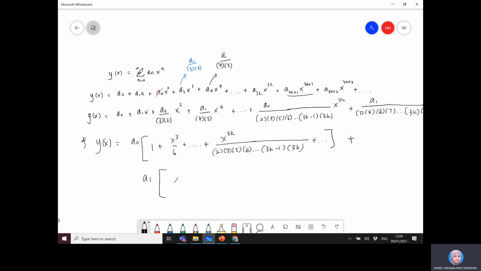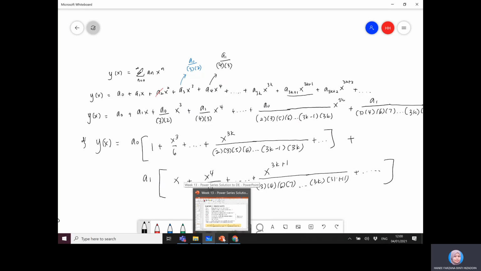So A1 starts with x, and then plus x^4 over 4 times 3, which is 12, and so on until x to the power of 3k plus 1 over 3, 4, 6, 7, up to 3k times 3k plus 1, and so on until infinity. So that would give you the actual solution of y of x.